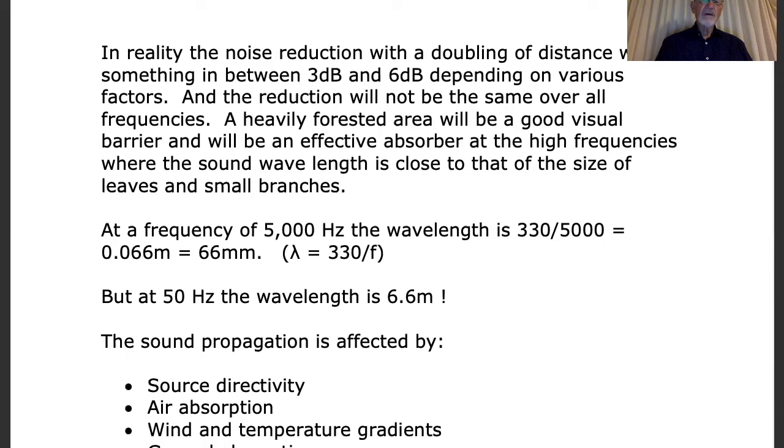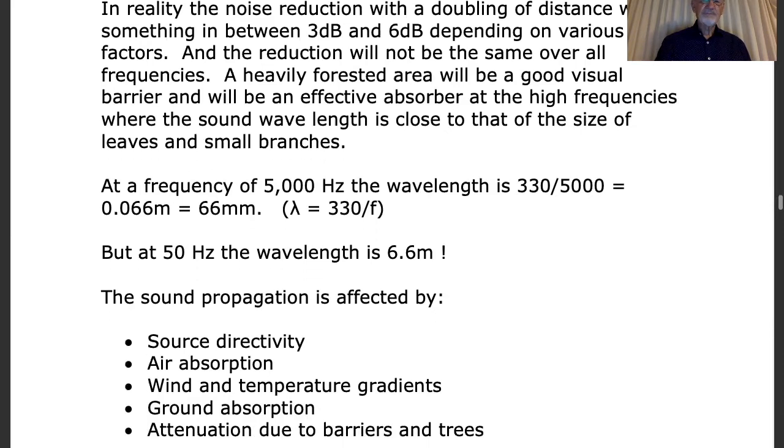But if you're looking at frequencies round about the audio level or lower, 50 hertz, the wavelength is 6.6 meters. So a wave with that wavelength won't even see most trees. It'll just go straight through. And that's one of the difficulties with acoustic noise control, controlling the low frequency components of the spectrum.